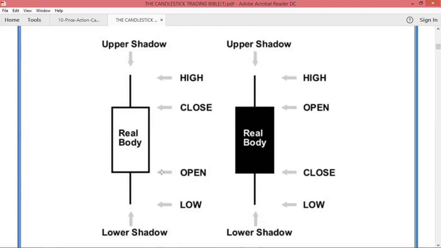So the simple explanation of what I just said is this: once a candlestick is formed at a specific price, if the candlestick goes below that open price, the candlestick color will change to red. When it goes above that open price, the candlestick will change to green.